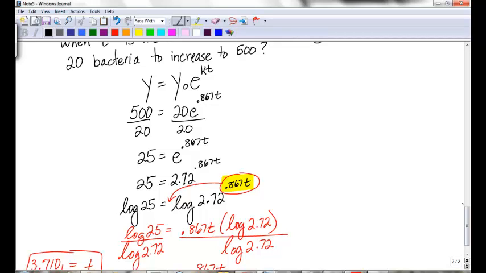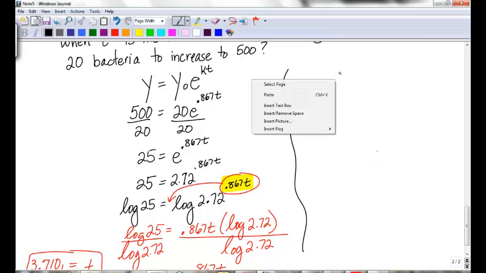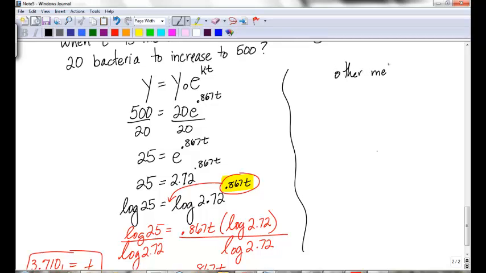Okay, now same problem, different method. Draw a little line there. Okay, so let's start at the 25. I'm going to start at this line. 25 equals e to the 0.867 t power.